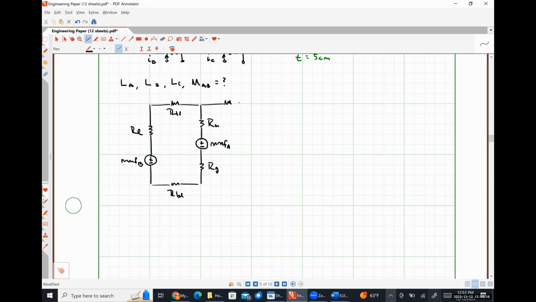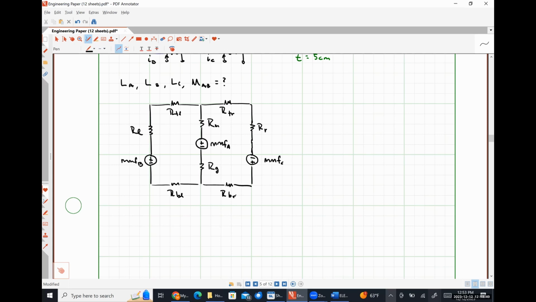On the right-hand side, this is going to be the reluctance of my top right portion, the reluctance of that right vertical beam, my MMF for coil C, and then the reluctance of my bottom right.